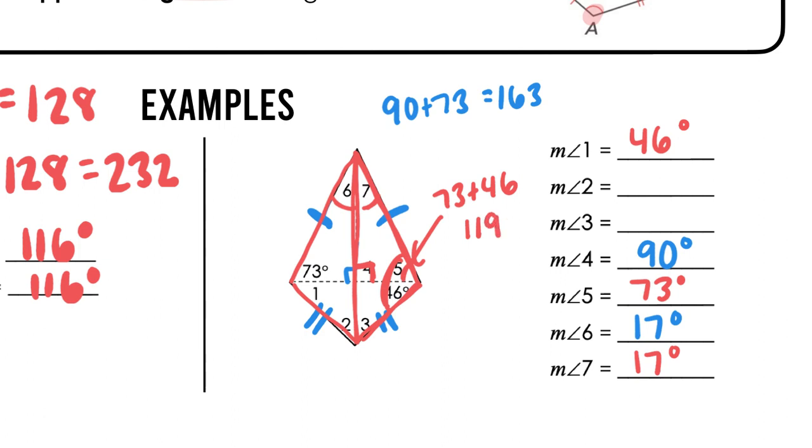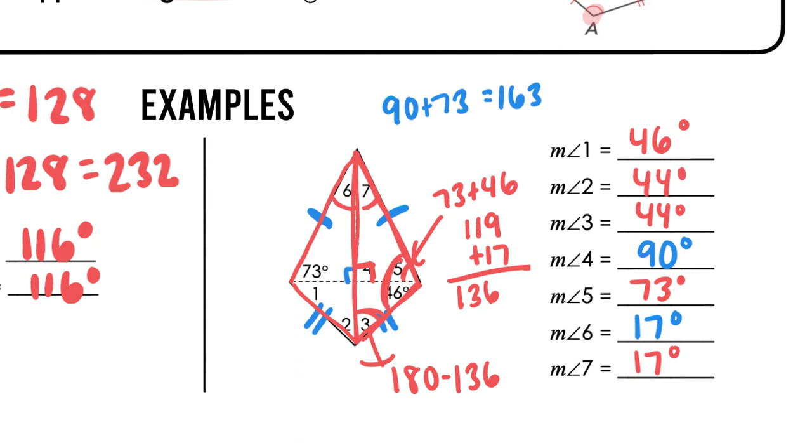And I know that angle 7 is 17. So 119 plus 17 is 136, which means that this angle 3 must be 180 minus 136. So it must be 44. So angle 3 must be 44, which means angle 2 is also 44.